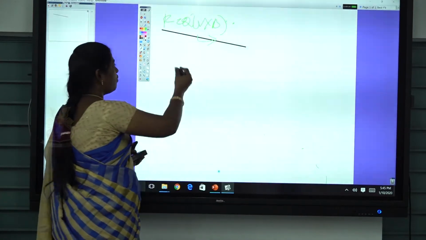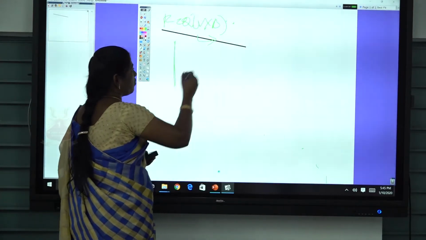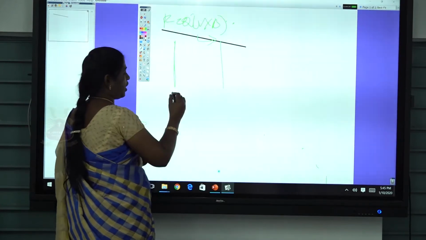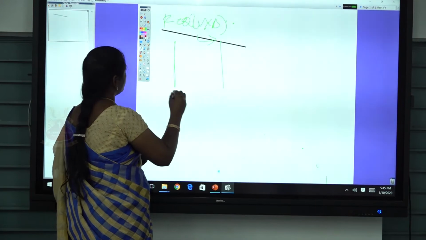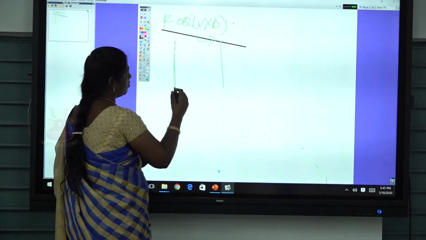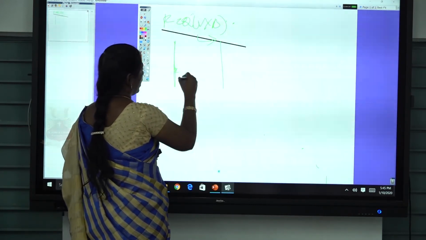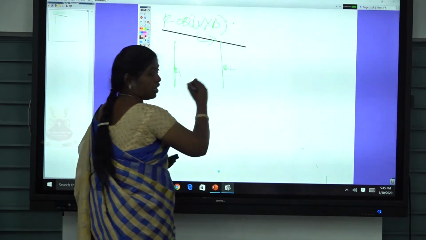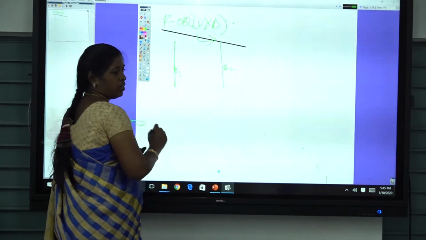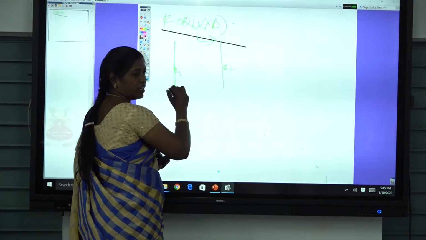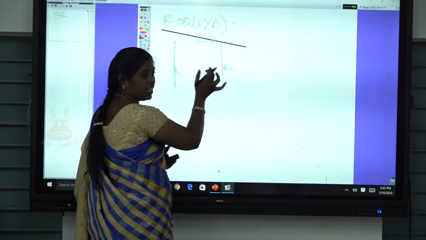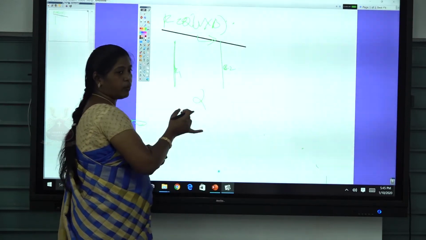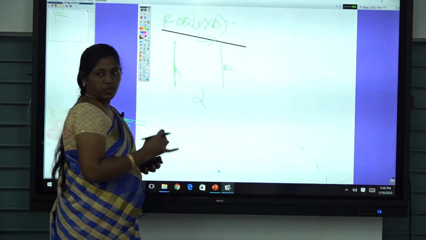So the force of attraction between any two current elements, having currents I1 and I2, is proportional to the product of the current elements and inversely proportional to the square of the distance between them.